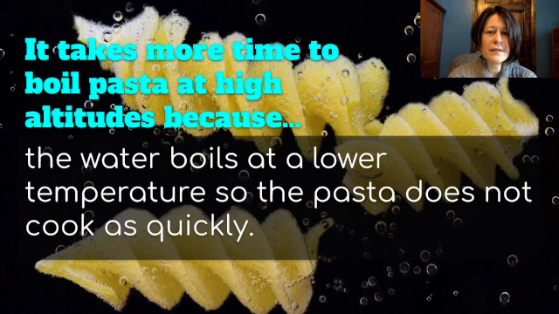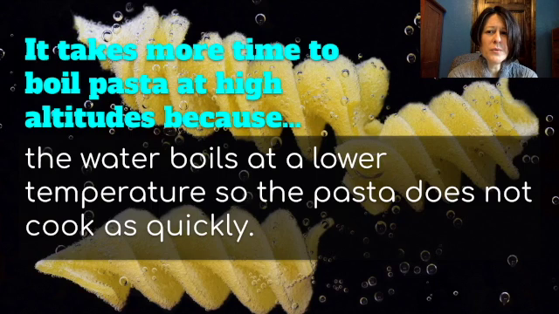It has to get to a higher temperature in order for it to boil because you have that added solute. Now, another thing is a lot of times we add salt to water for pasta. And the reason for this is it takes more time to boil pasta at high altitudes because the water boils at a lower temperature, so the pasta does not cook as quickly.